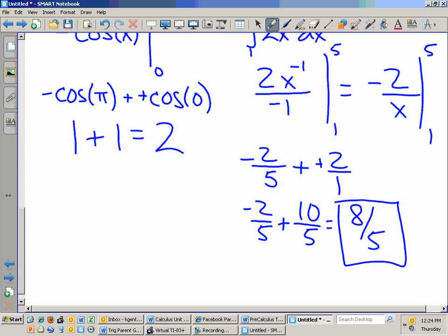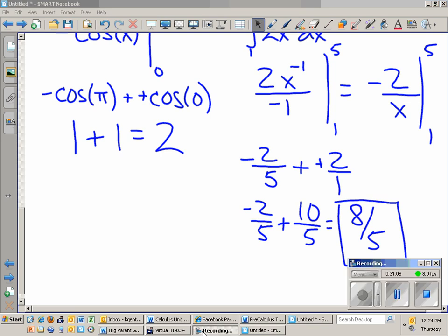The exact area. That is the fundamental theorem of calculus. I want you guys to realize something, though.